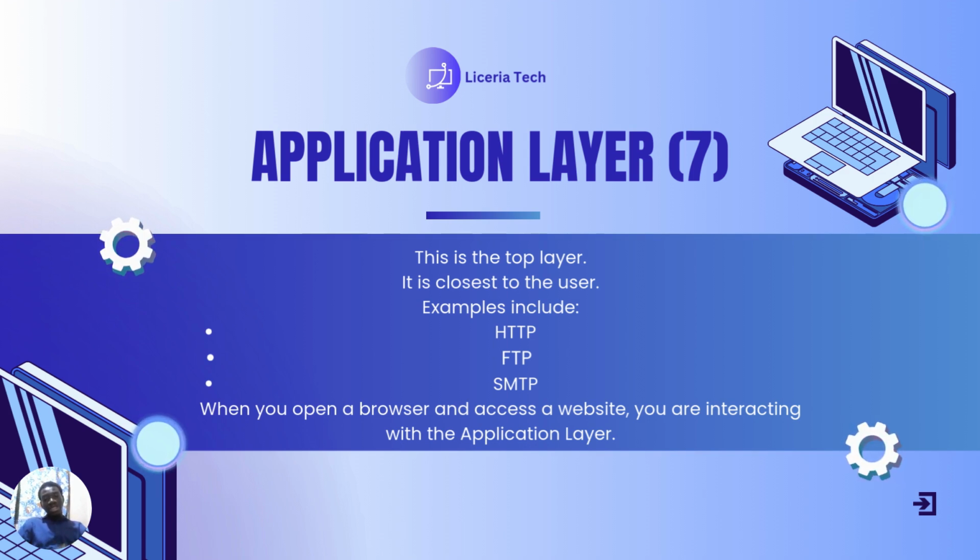Examples include HTTP or HTTPS, FTP, SMTP. For instance, when you open a browser and access a website, you are interacting with the application layer. When you open YouTube and start watching videos, what you are doing is taking place at the application layer. So the application layer deals with the interface. It is the closest layer, as the name implies, application.